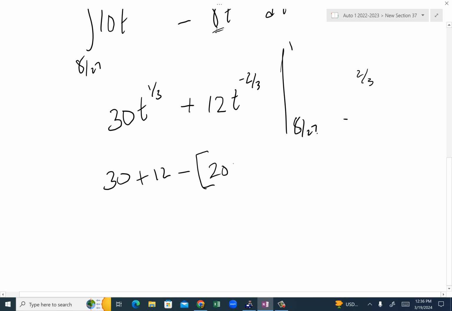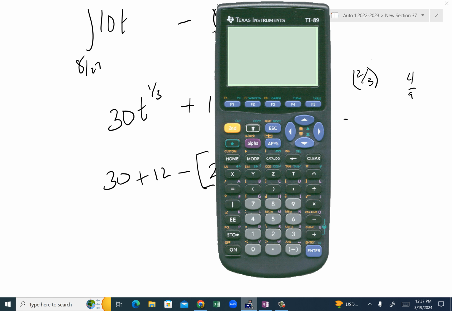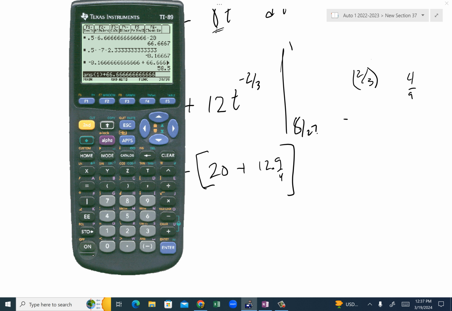And then this is going to be... All right. So take the 1/3, that gives you this. Raise it to the second power, it's going to be 4/9. And it's going to be in the basement, so you're going to end up multiplying by 9/4, I guess, right? That sounds reasonable. I don't believe you, Groom. Oh, it's hurtful, but okay, we'll do it this way. 12 times 2/3 to the negative 2/3.